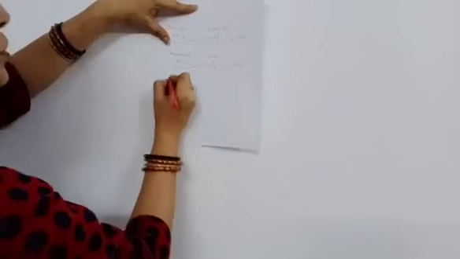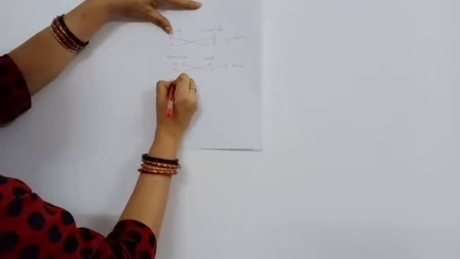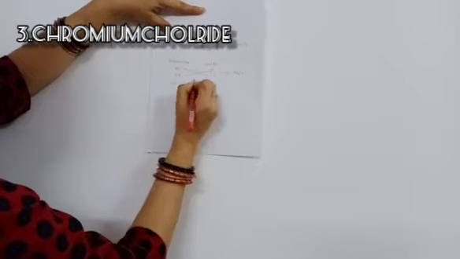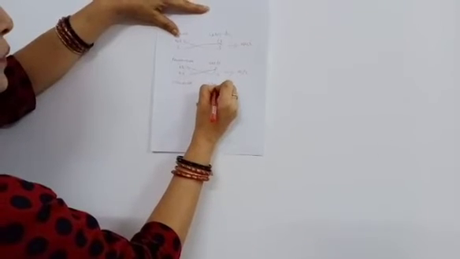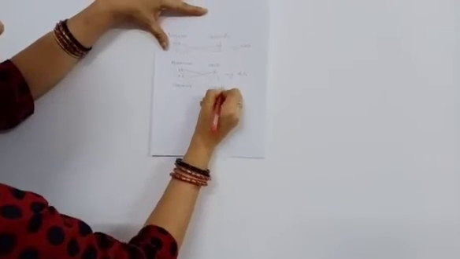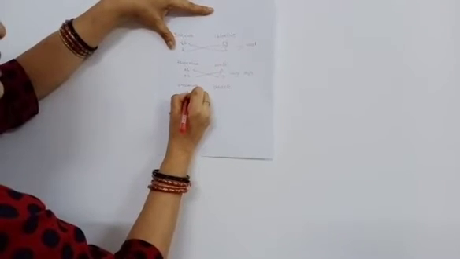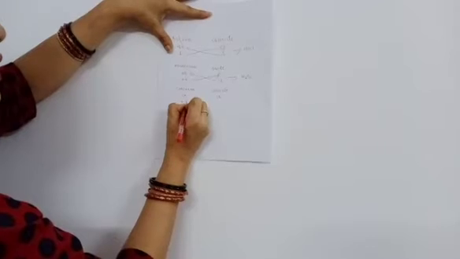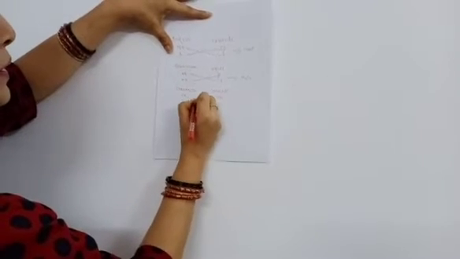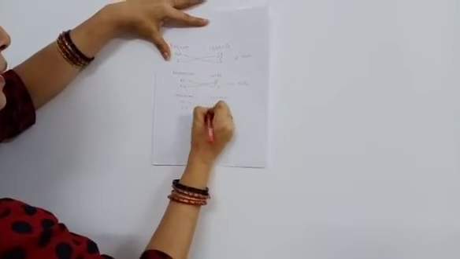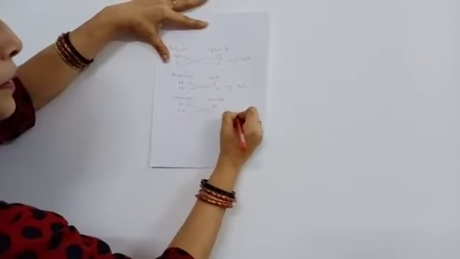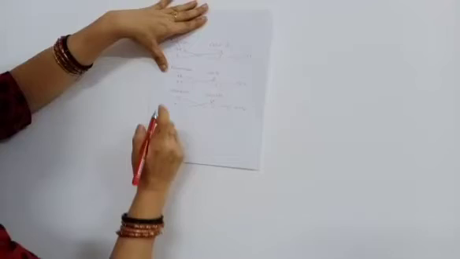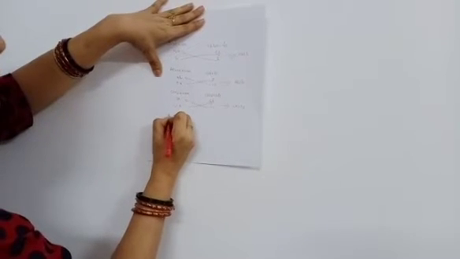Then comes chromium chloride. Chromium is Cr, chloride is Cl, plus 3 minus 1. CrCl3. Then comes sodium hydroxide.